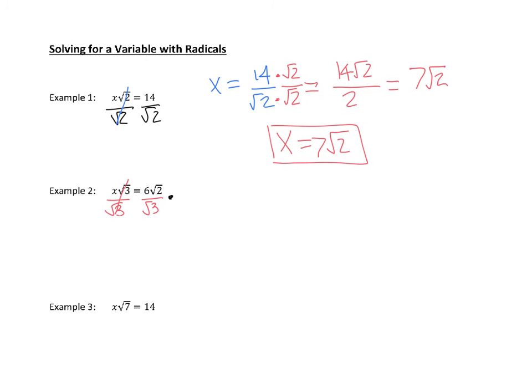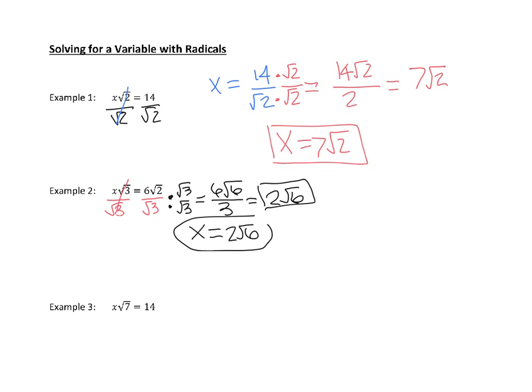So I got to multiply the numerator and the denominator by the square root of 3. So I end up with 6 square root of 6, because 2 times 3 is 6, over square root of 3 times square root of 3 is 3. All right? 6 divided by 3 reduces to 2, and don't forget the square root part of 6. So x equals 2 square root of 6.